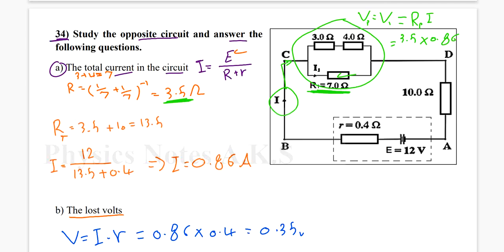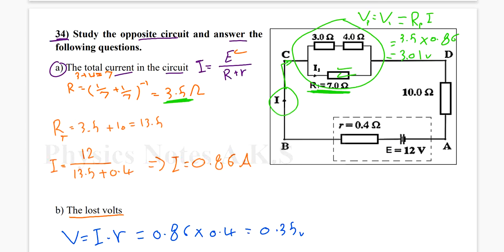If I multiply these two, let me make sure, 3.5 times 0.86, I will get almost 3, or let me be more accurate, it is actually 3.01 volts. So this is the potential difference in the 7 ohm here.